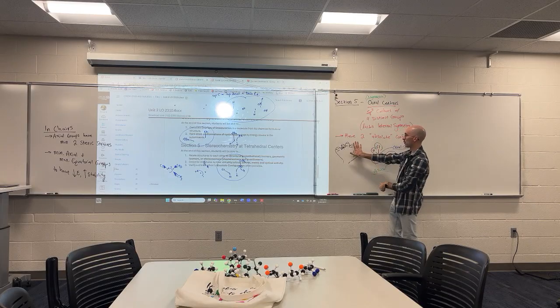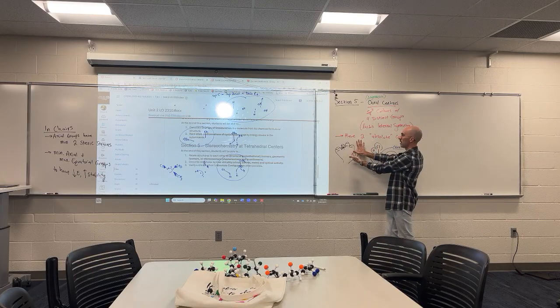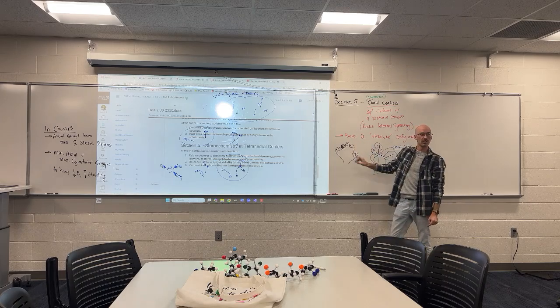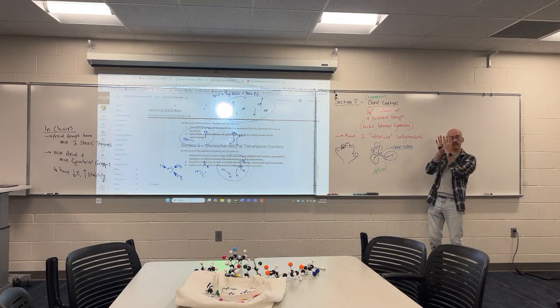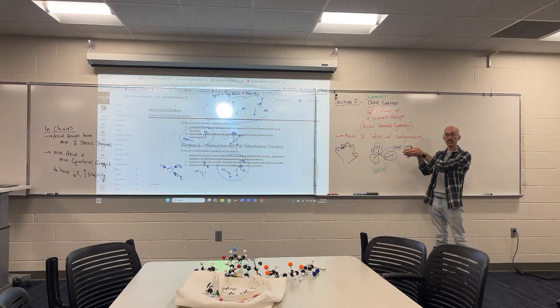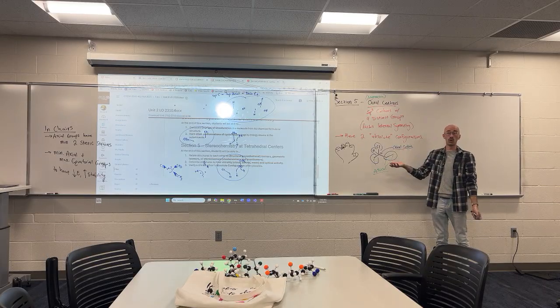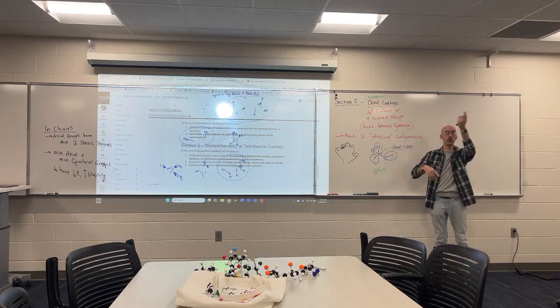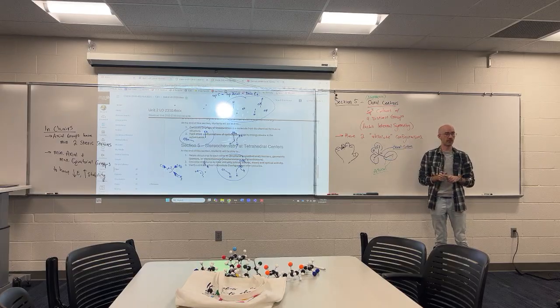And if your palm is away and rotation from thumb to pinky is clockwise, then it's your right hand. So we need to first orient the structure in space, and then just have a rule. When you rotate this way, it's this configuration. When you rotate this way, it's another configuration.